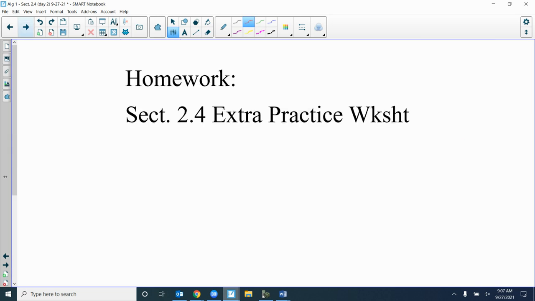All right, we got a homework worksheet where you can put your work on here. This goes over all of 2-4, which was Friday and today. See that? I did that one.